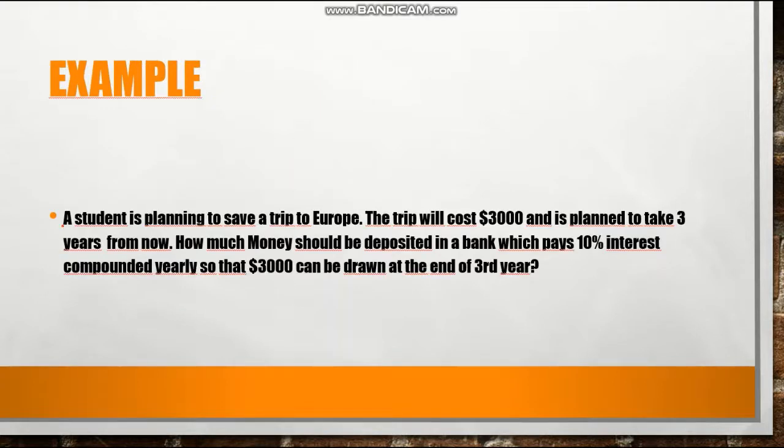In this example, a student is planning to save for a trip to Europe. The trip will cost $3,000 and is planned to take place 3 years from now. So the future value of this trip is $3,000, and the N, the number of periods, is 3 years.